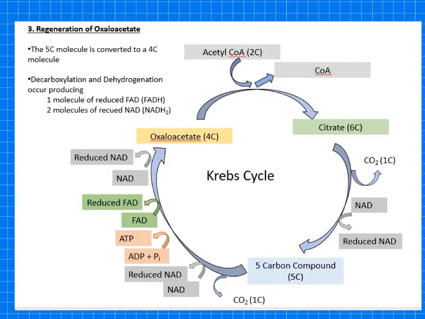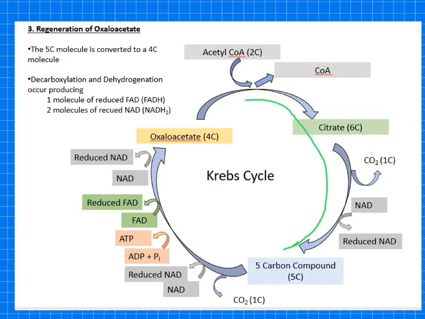Okay, so far we've looked at acetyl-CoA and the production of citrate when it combines with oxaloacetate. CO2 is released, reduced NAD is produced, and you've got the 5-carbon compound. Now we're going to look at the next stage of how a 4-carbon compound is produced.